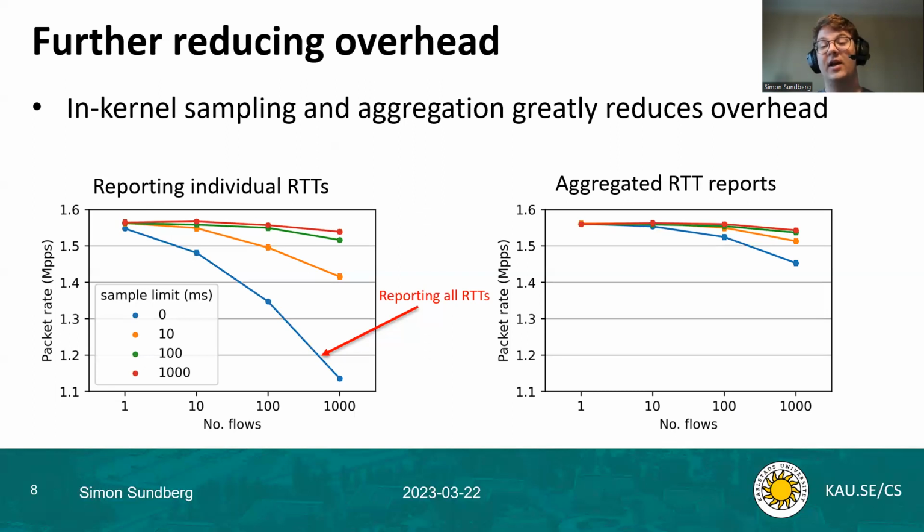And as you can see on the right-hand side figure, this then greatly reduced the overhead from ePping at many concurrent flows, where even without any sampling, we don't drop that much performance, and with a modest amount of sampling, we largely eliminate most of this additional overhead as the number of concurrent flows increases. So most of the overhead from these many concurrent flows was not really due to having to compute these RTTs at a higher rate in the kernel, but rather from simply reporting all of these RTT values.